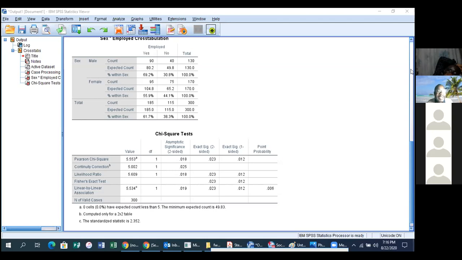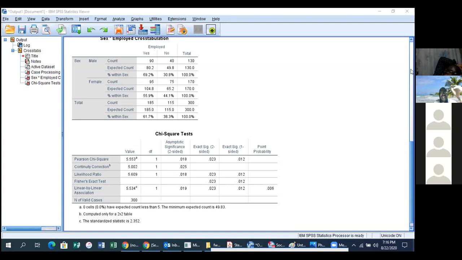If you just say 90 male employed, 95 female employed, it will give the impression that more female are employed. But know that the total number of female is more here. When you compare with the total of each of them, you can see that the percentage of male employed, 69, is higher than that of female. That is the observed difference between 69.2 for male and 55.9 for female.